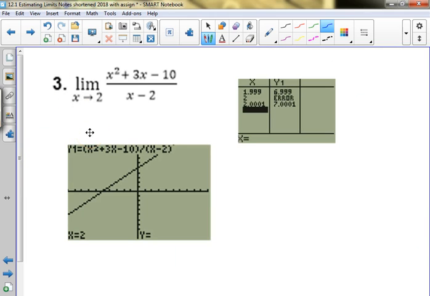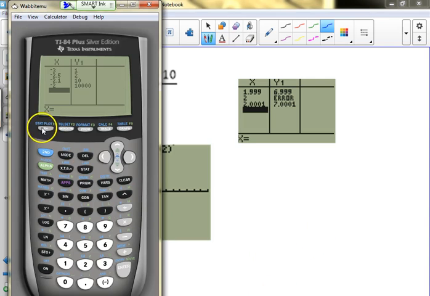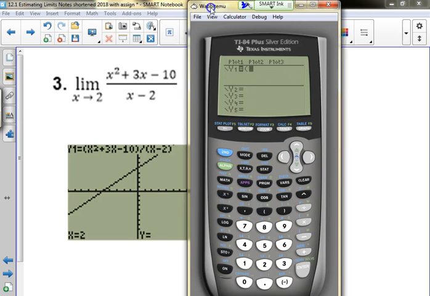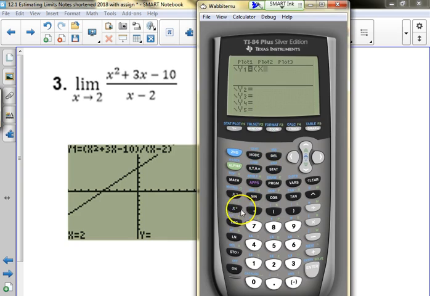All right, what about this? We'd have to put the top in parentheses, right? Parenthesis x squared plus 3x minus 10, close parenthesis, divided by parenthesis x minus 2.